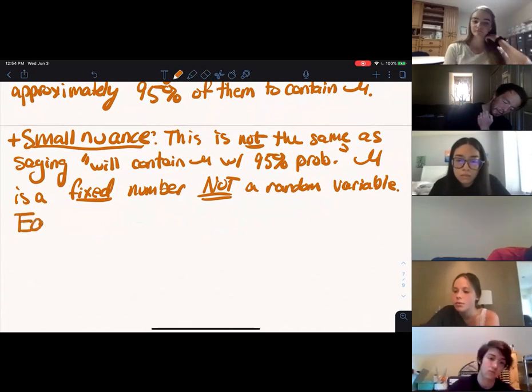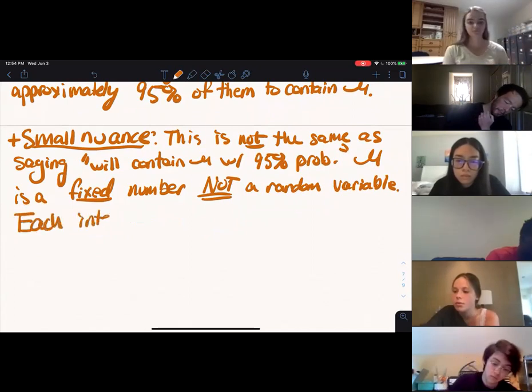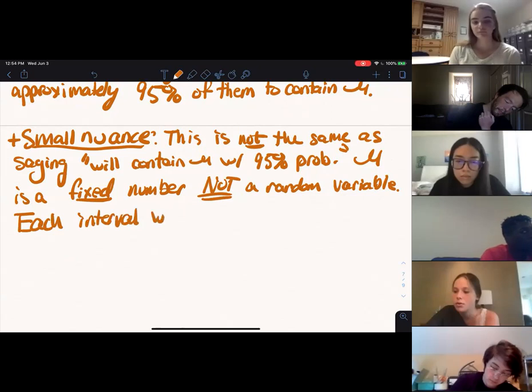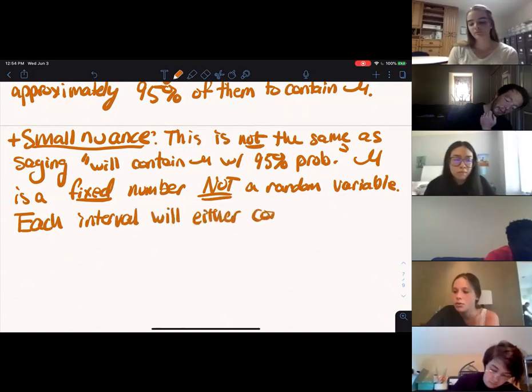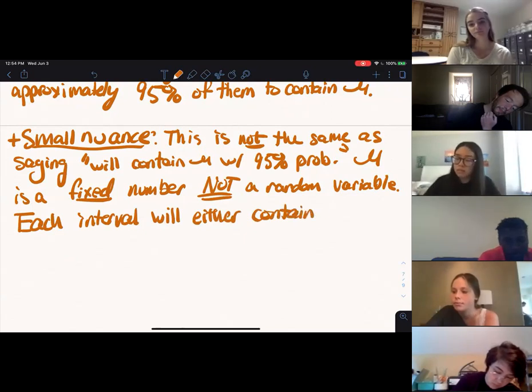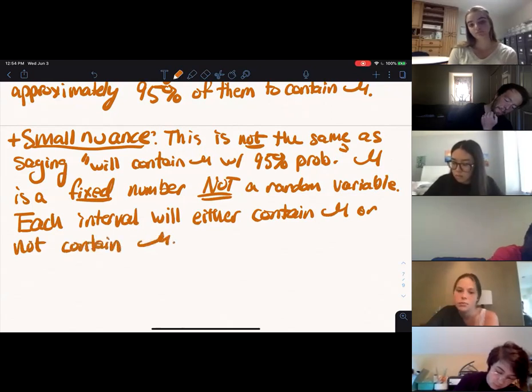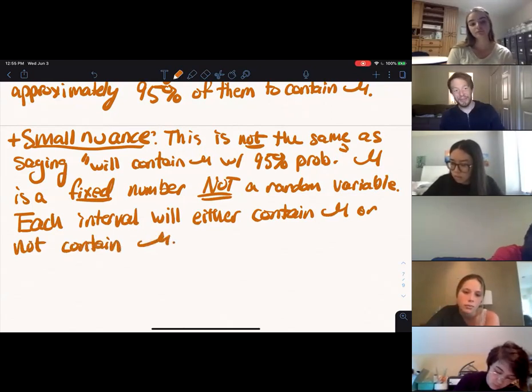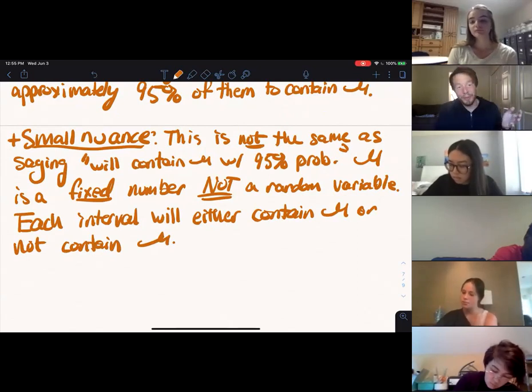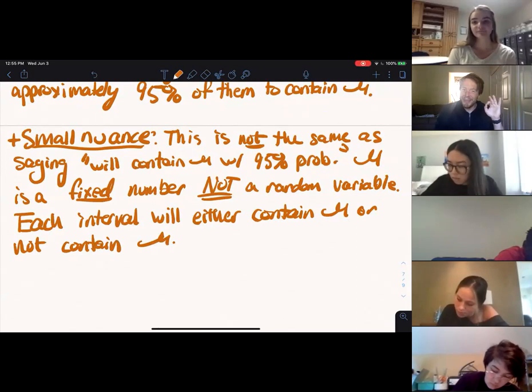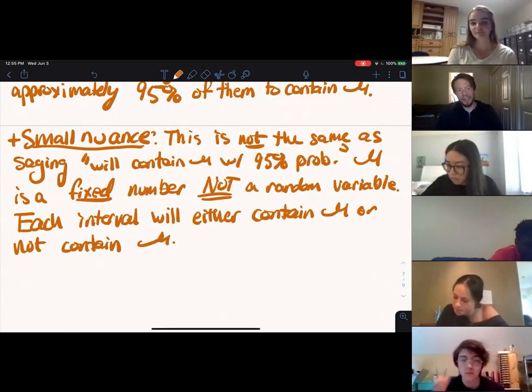And because it's a number and not a random variable, each of these intervals will either contain mu or not contain mu. Since mu is a number, the probability of my interval containing mu is either 0 or 1, which is nuanced, and I hope you get somewhat of an idea of it.